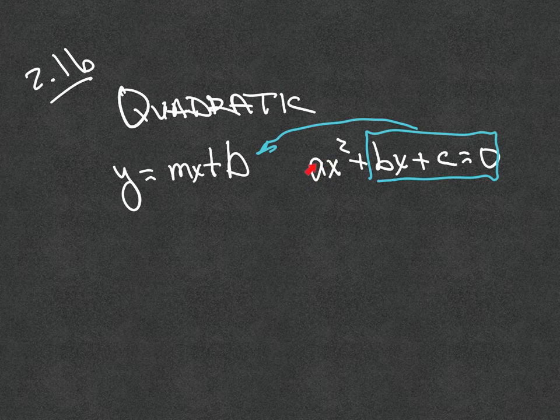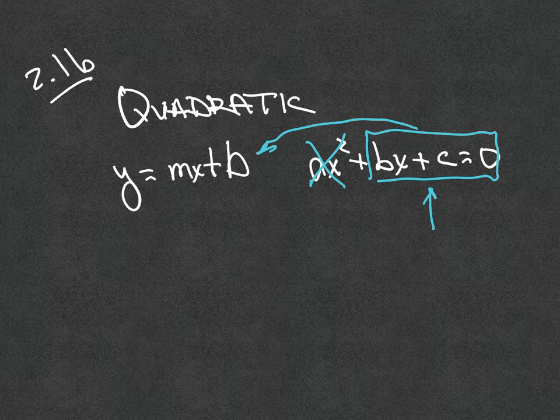But this a here is 0 in a linear equation. 0 times x squared makes this go away. So we're left with this, which is the straight line, because this is not there to tweak that straight line into another form.